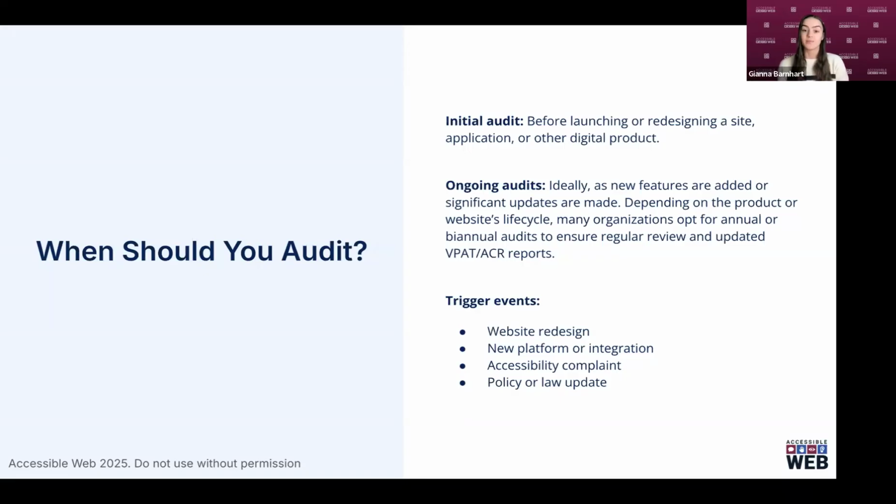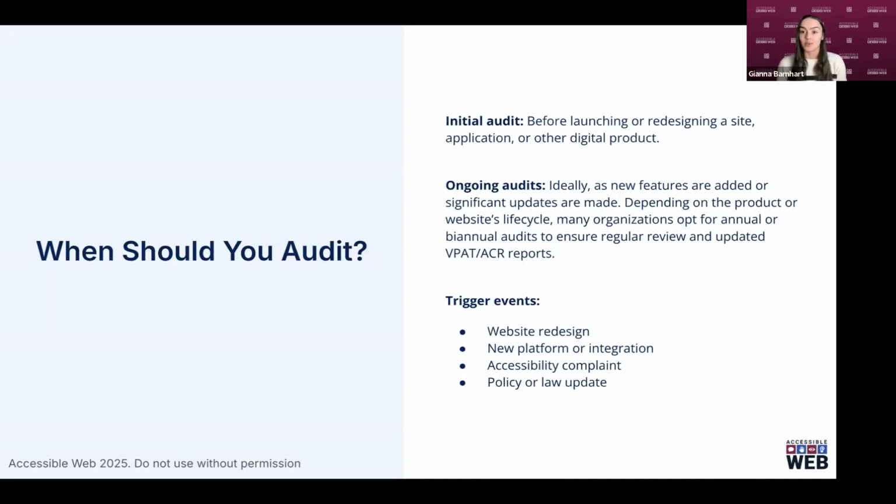developed, and released. There are some trigger events you might want to think about: new website redesigns, the launch or significant update of products, new platforms or integrations for your existing platform, obviously. If you receive an accessibility complaint, that's a big trigger. Or if there are significant policy or law updates.